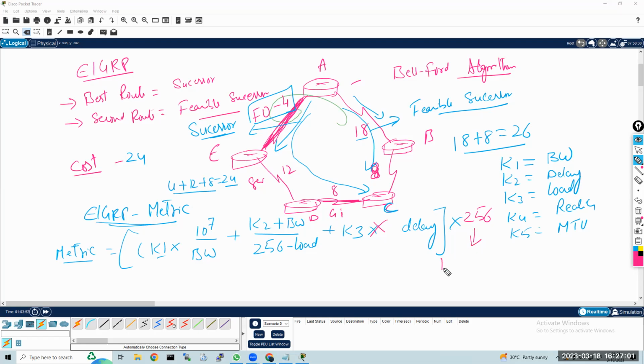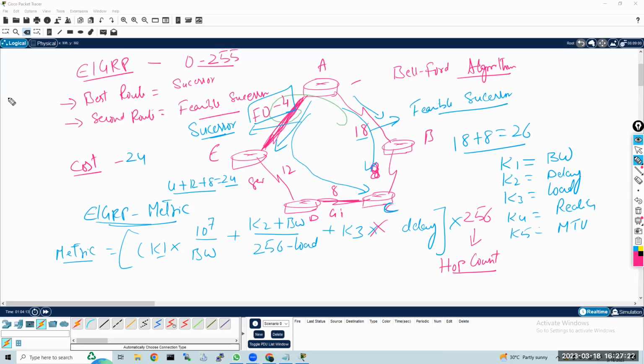I think this one is for hosts. No, not host, but the network. It's the hop count. I told you, right? EIGRP maximum hop count is 0 to 255, including 0, like 256.